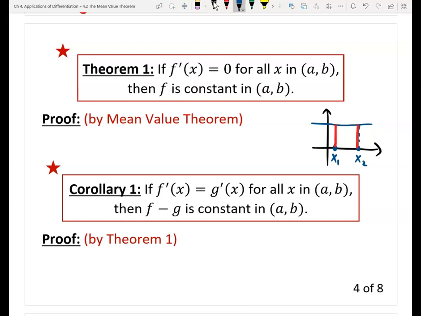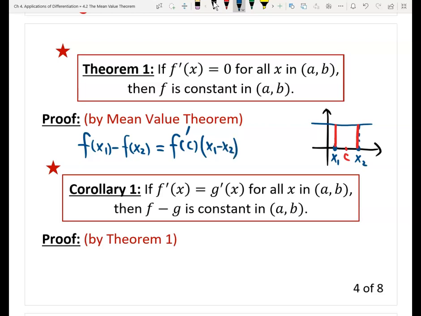So I'm going to look at the difference between the y values, f(x1) minus f(x2). Why? Because the mean value theorem gives us that we can find a point c between x1 and x2, like this, and take the derivative there times delta x, which is x1 minus x2.